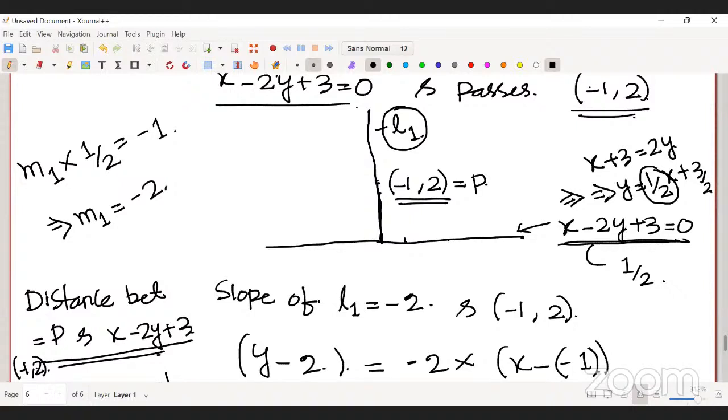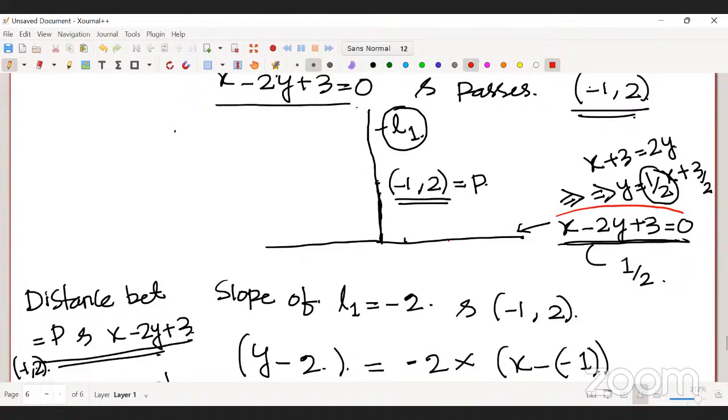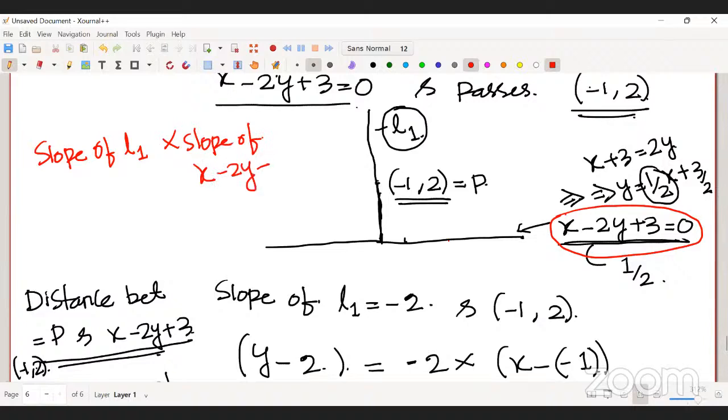This line L1 is perpendicular to this line. That means slope of L1 times slope of x minus 2y plus 3 is minus 1.